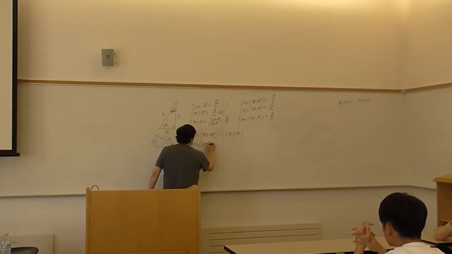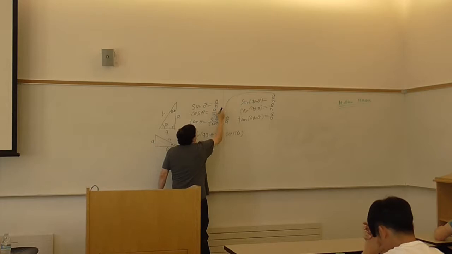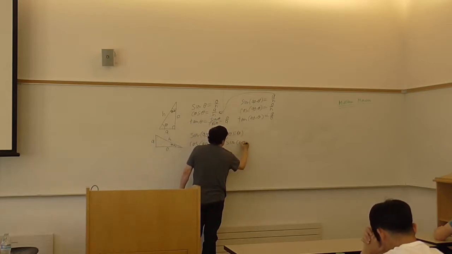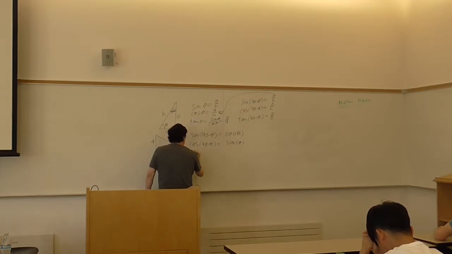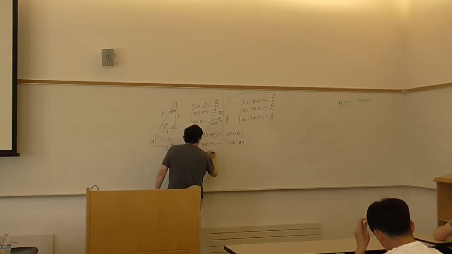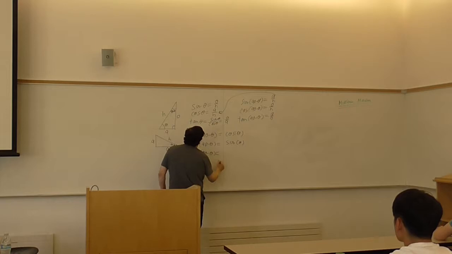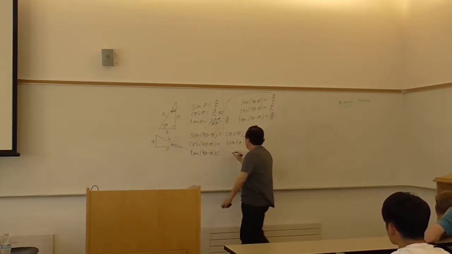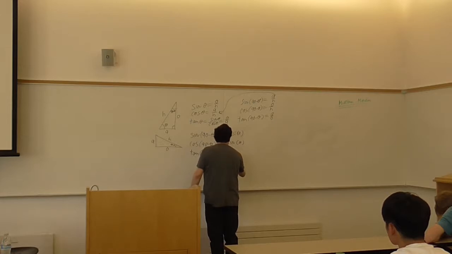Cosine of 90 minus theta, similarly, we can see O over H is the sine of theta. And the tangent of 90 minus theta, well, let's see, A over O, that's 1 over the tangent of theta.